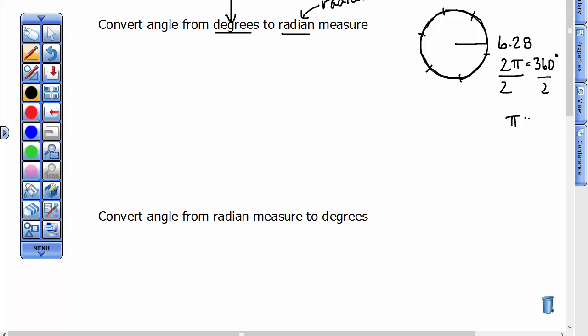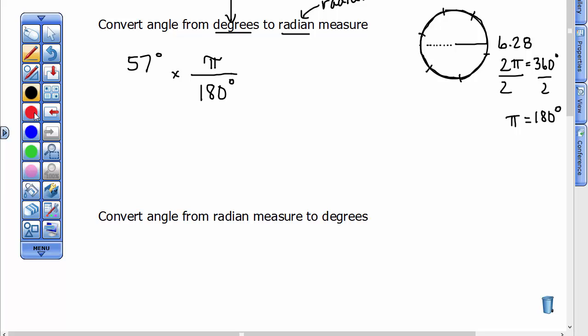And I'm going to use the fact that pi is the same thing as 180 degrees. So if I came over here to 180 degrees, I'd have gone 3.14 times around the circle. If I asked you to convert a 57-degree angle to radian measure, you'd use the factor label method and multiply that by pi over 180 degrees.